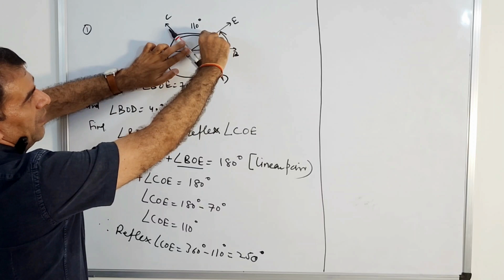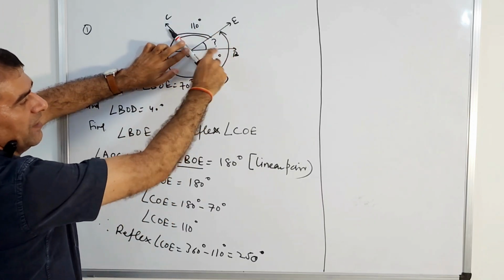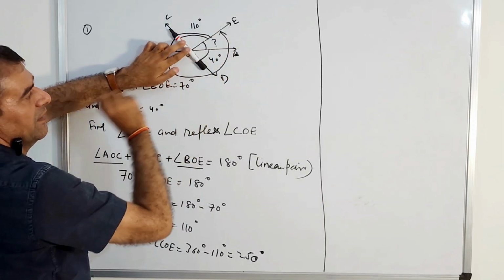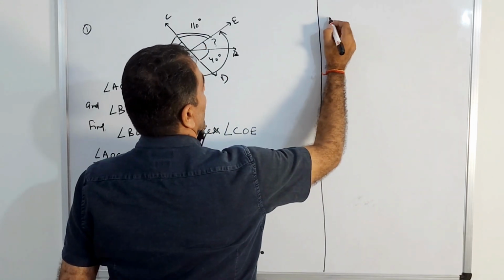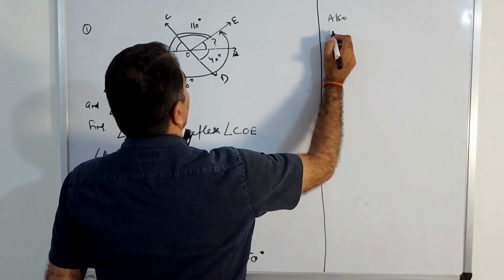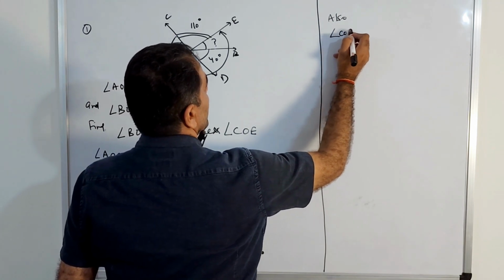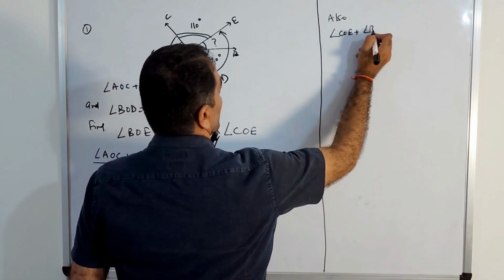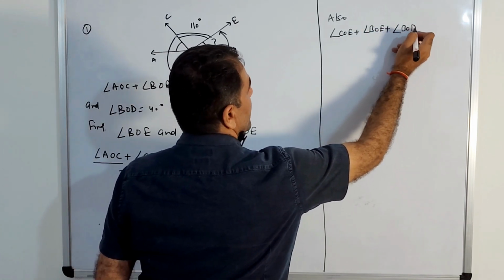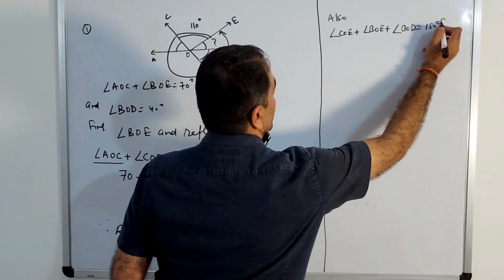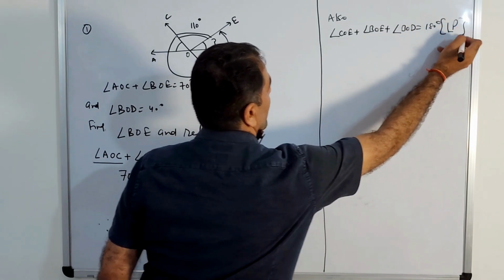110 plus question mark, meaning angle BOE, plus angle 40 degrees will be equal to 180 degrees. So also, angle COE plus angle BOE plus angle BOD equals 180 degrees, linear pair.